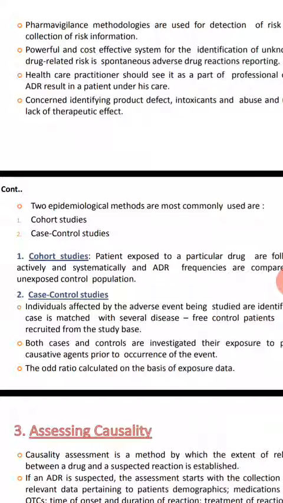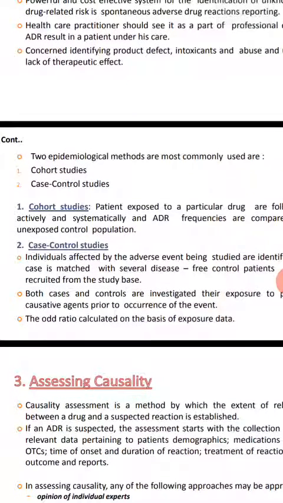But before sending the report, you may not be able to confirm that the ADR is mainly the result of drug use. Whatever reaction happened during treatment with the drug is reported, and you may not be sure this drug caused the ADR. Later, that reaction is evaluated by different methods to establish the relationship between the drug and adverse effects. In such cases you can go for epidemiological studies.